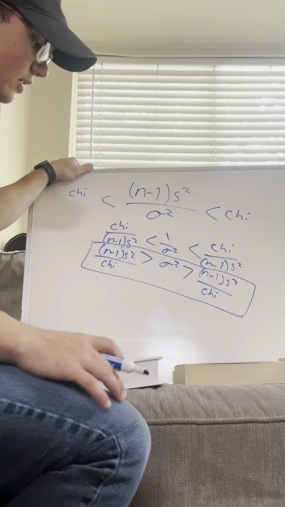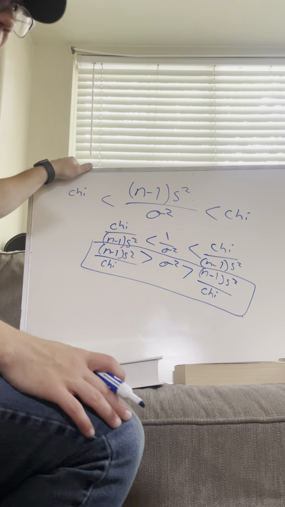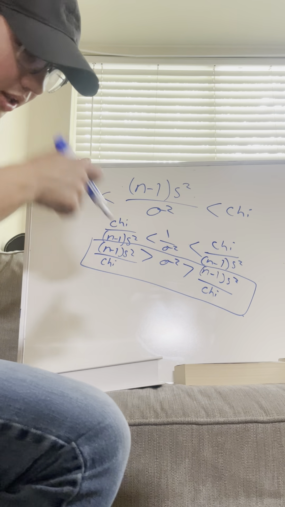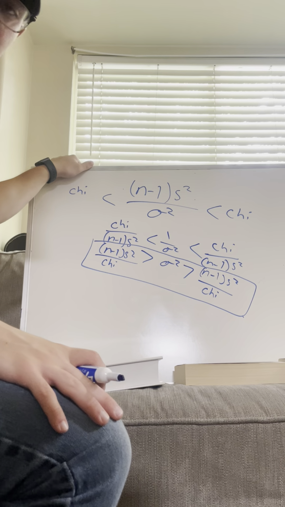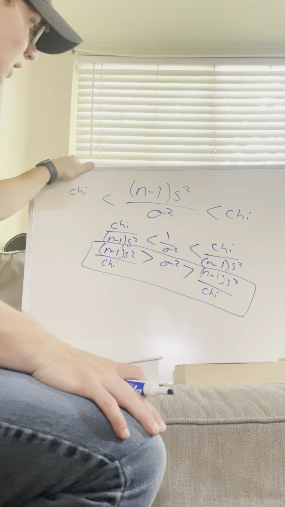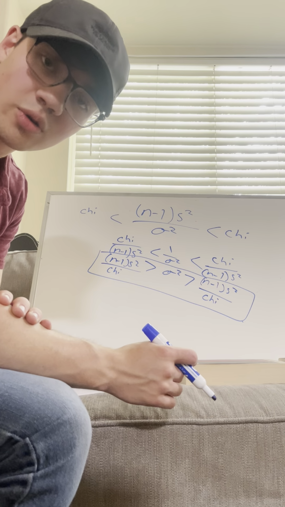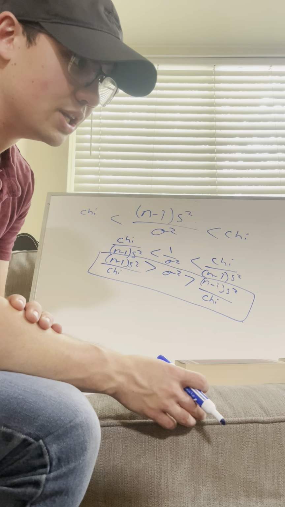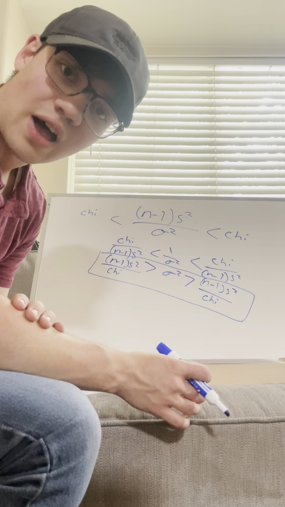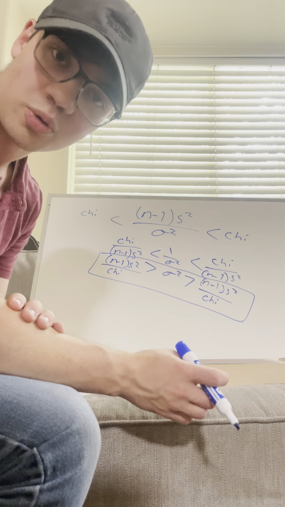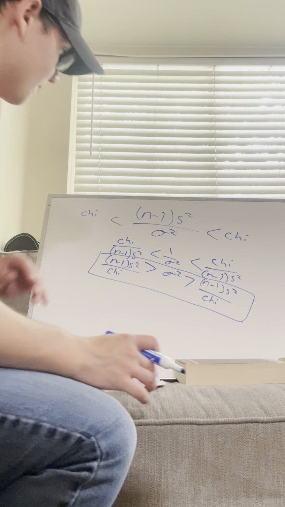These chi-squared values that you choose will correspond with the level of confidence that you're looking for. If you're looking for a 95% confidence interval, that means that you need 2.5% of the values to lie above your interval and 2.5% to lie below it.